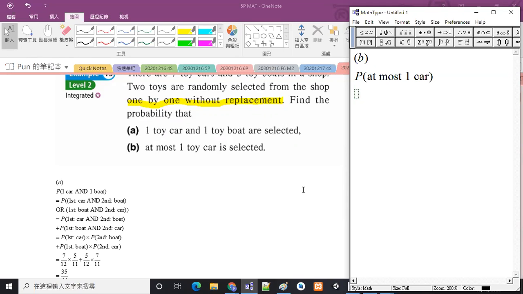It should be if I just want to use 1 minus the case that I don't want. What is the case that I don't want here? Will be 2 cars.